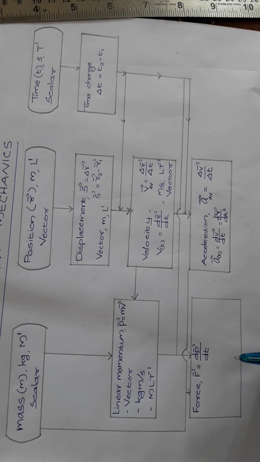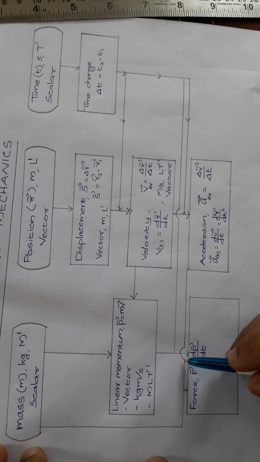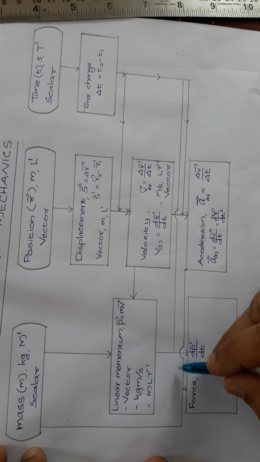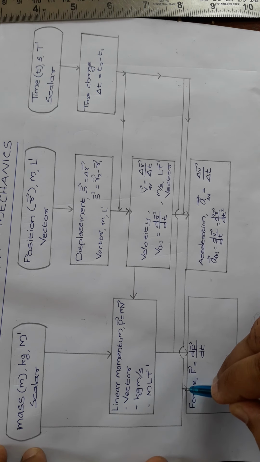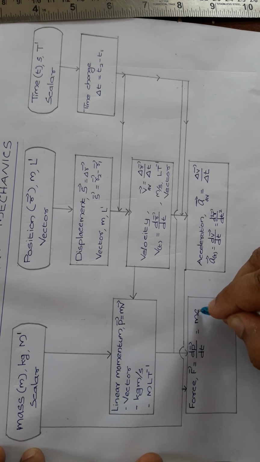And as well, we can derive a simple relation when the mass is constant. I'm connecting the mass with the acceleration. The acceleration and the mass is connected, and that is also giving you force.